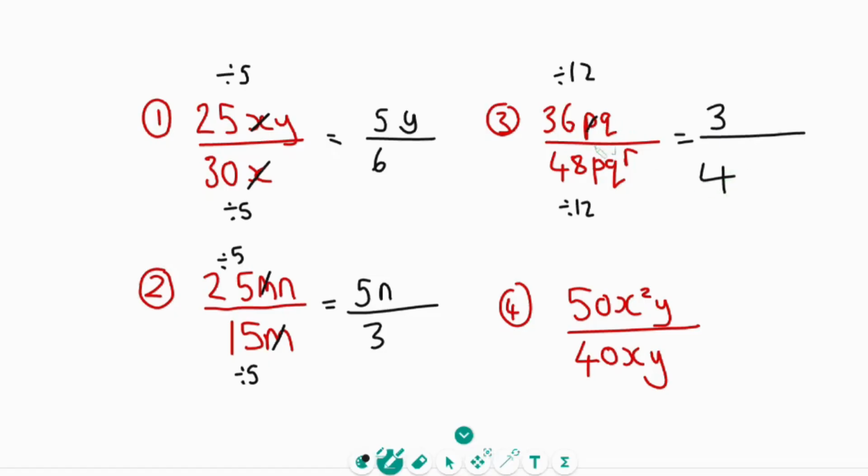P's cancel out, Q's cancel out, and leave an r on the bottom. Highest common factor is 10. Y's cancel out. One of the x's cancel out to leave you an x on the top.